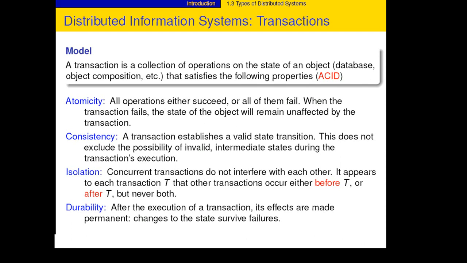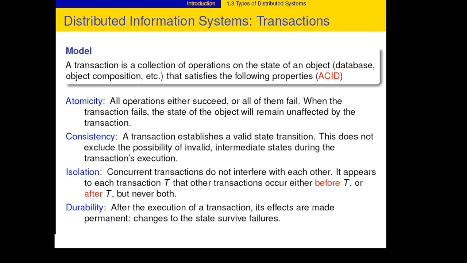Isolation is another property of a transaction. What is isolation? Concurrent transactions don't interfere with each other. It appears to each transaction T that other transactions occur either before T or after T, but never both.